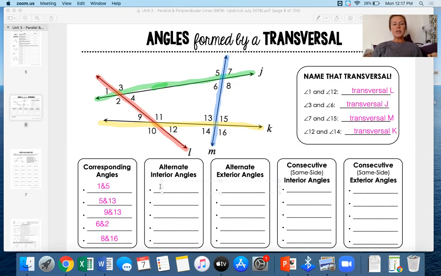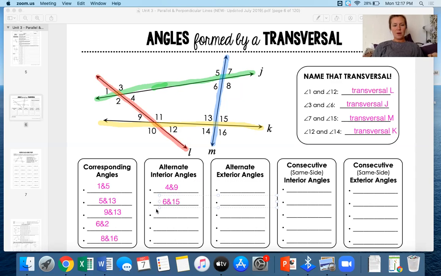Now we have alternate interior angles. If I tell you 4 on the red, what would you say is the one that goes with it? Alternate, it has to be on the opposite side. So it wouldn't be 11, it would actually be 9. All right, what about 6 on the blue transversal? 15.